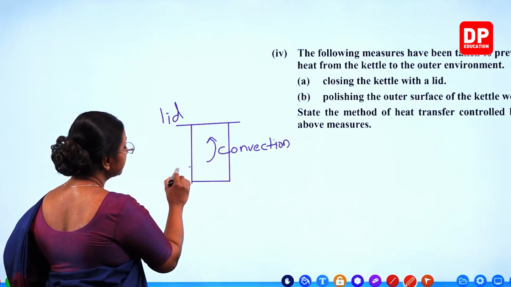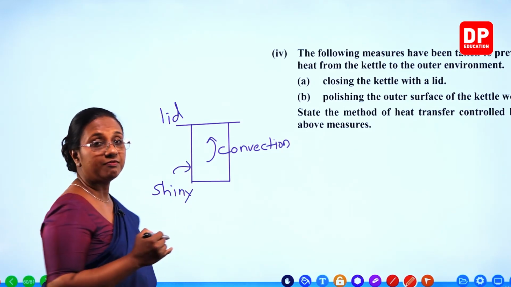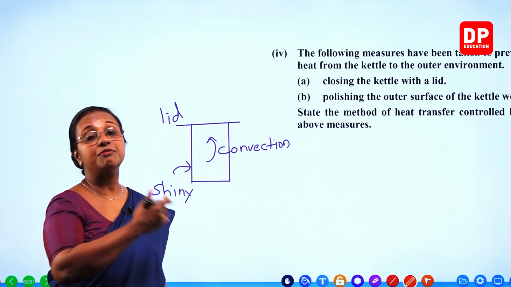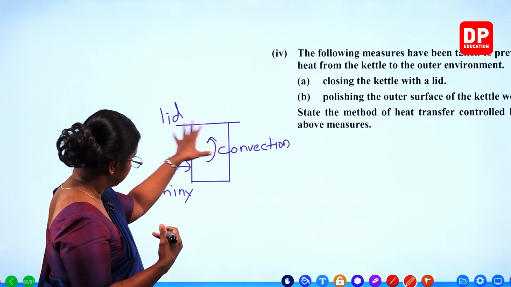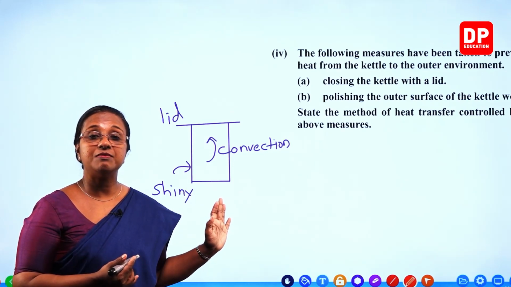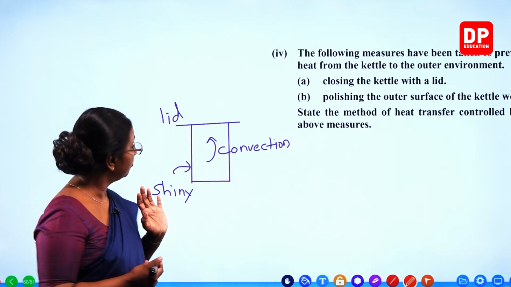You are polishing the surface. If this surface becomes shiny, then what will happen? The radiation, the heat waves will be reflected back into the surface, into the substance contained in the flask. So there it is preventing heat loss by radiation. You have to remember that.